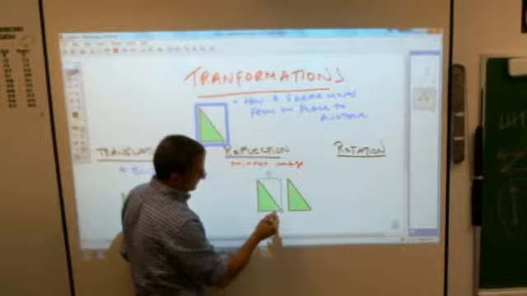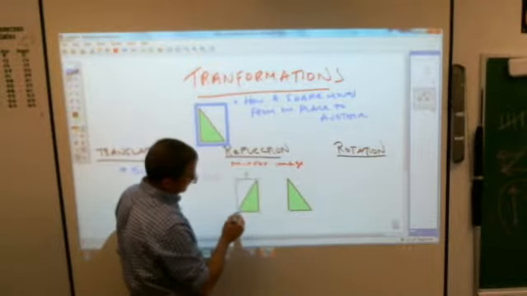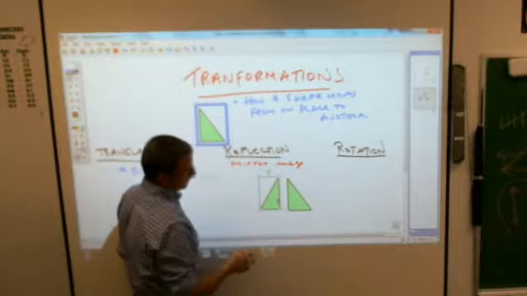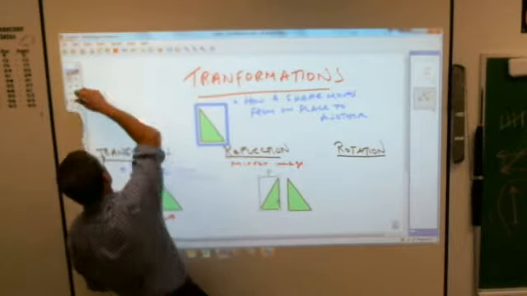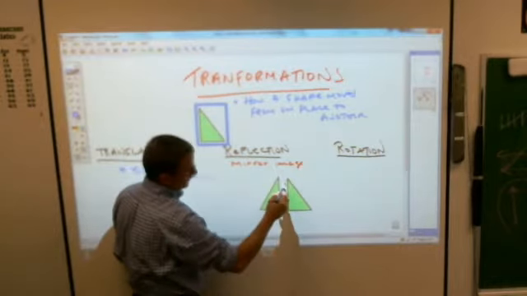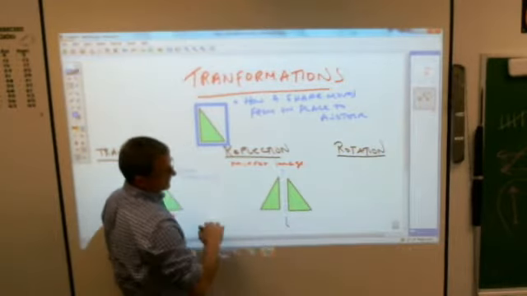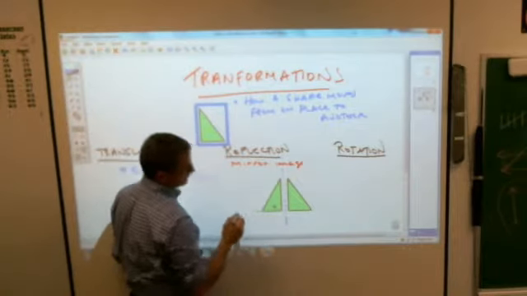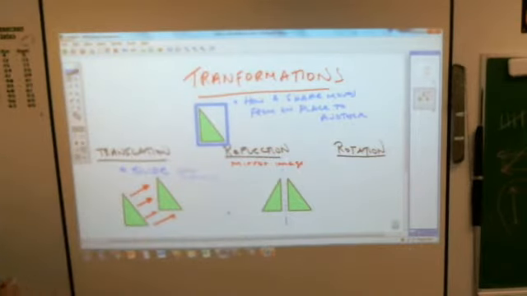Let me see if I can get this to do this. Okay, that's as best as we're going to get. And usually there is an axis of reflection that it is folded about. Is that better? Look at that. That turned out pretty good, didn't it? Ain't too bad.